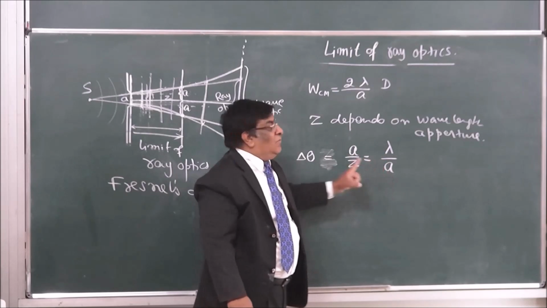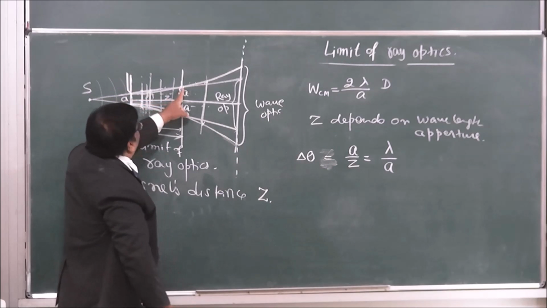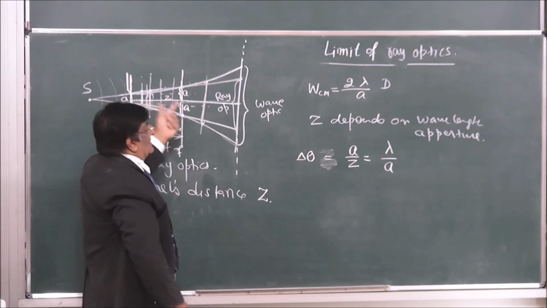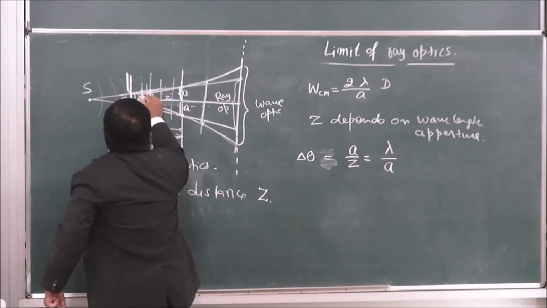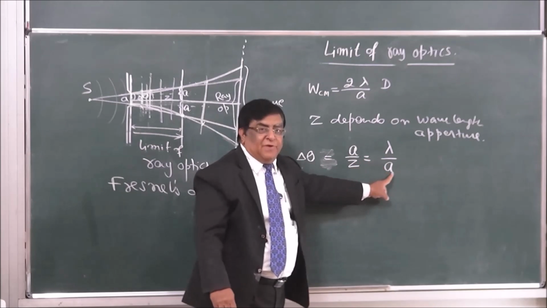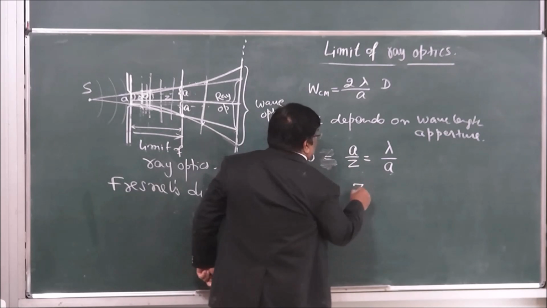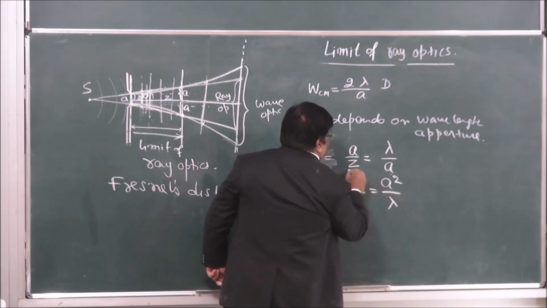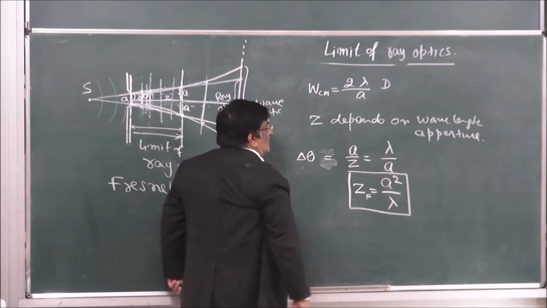Lambda upon A. So angle for first dark is lambda upon A, and the same angle we have taken by arc upon radius, that is A upon Fresnel distance Z. So A upon Z is delta theta, and lambda upon A is also delta theta. This is in wave optics, this is in ray optics. So this gives us Z is equal to A square upon lambda. This is Fresnel's distance, Z Fresnel.